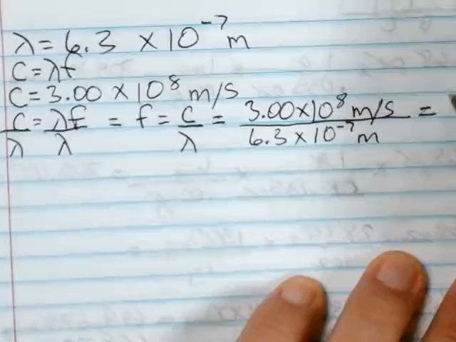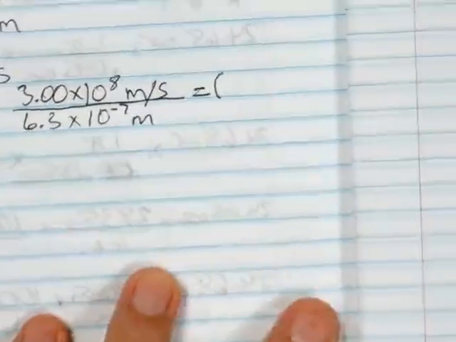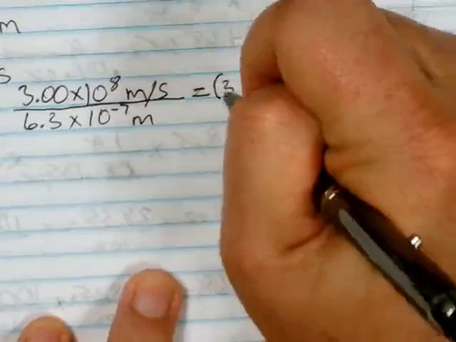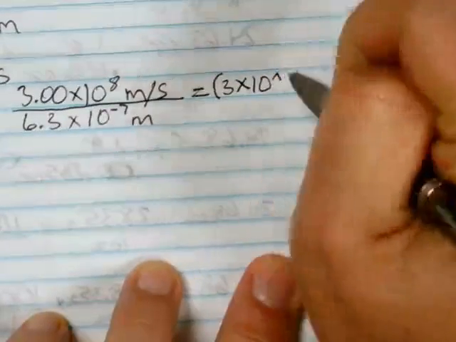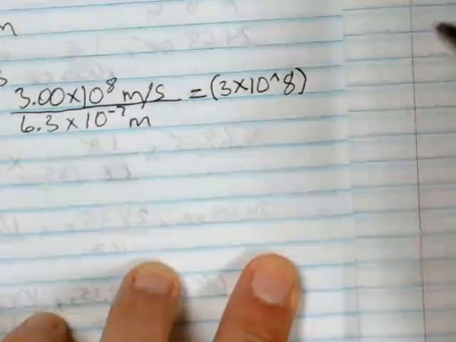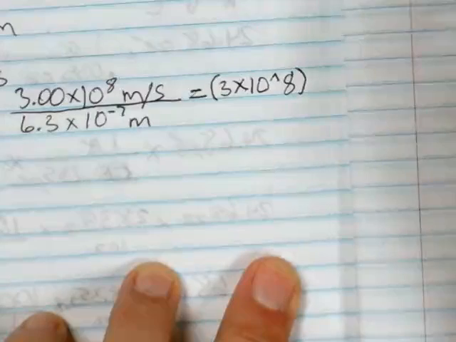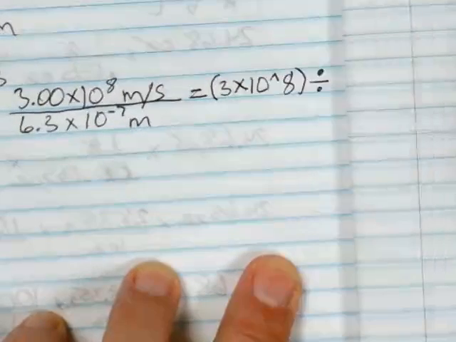So this is how you do it. You open your parentheses and you go 3 times 10 caret 8, close your parentheses. Then you just hit divide.